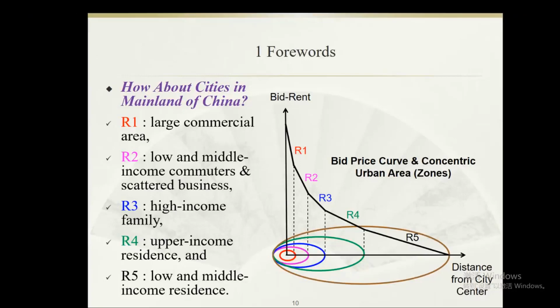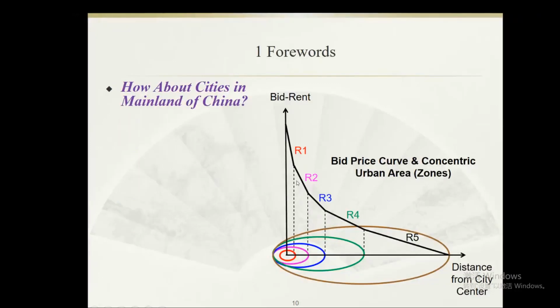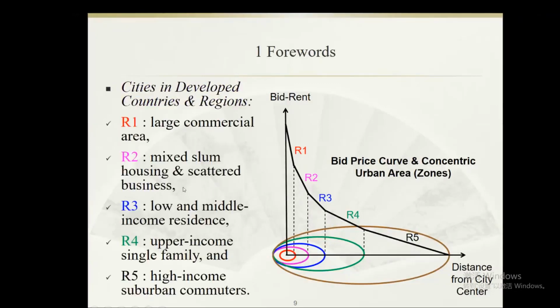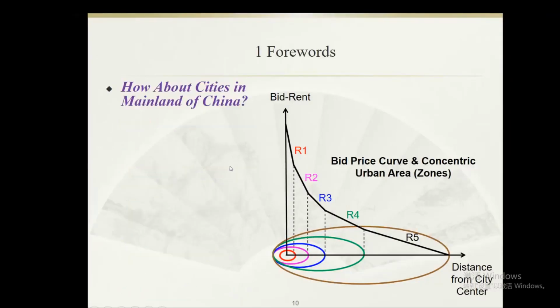Which part is different? Similar, almost. This is the case of a big city in a developing country, because the land uses in different parts are totally different from the case of a city in a developed country. Why? Land uses.